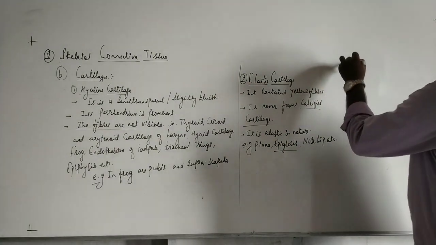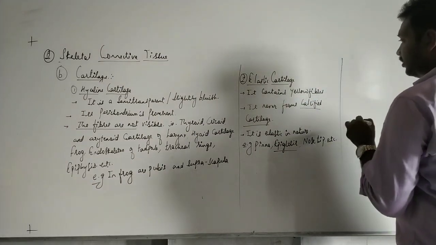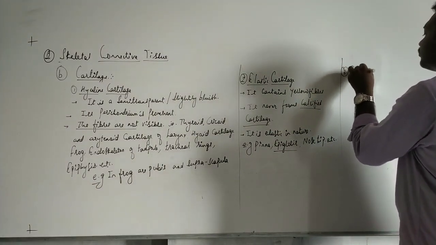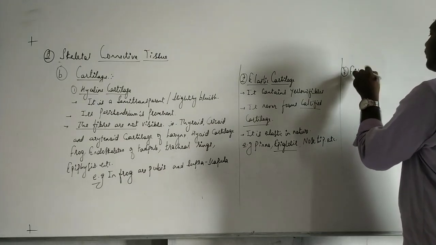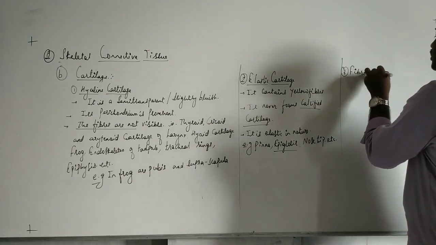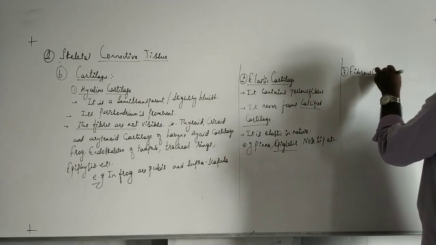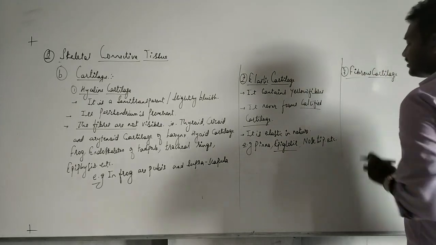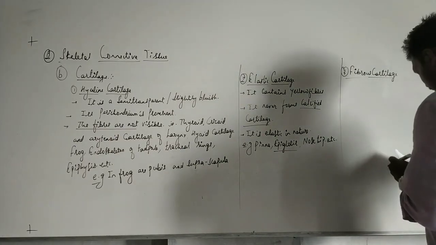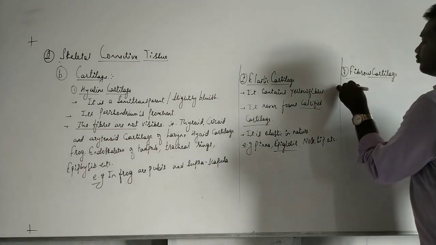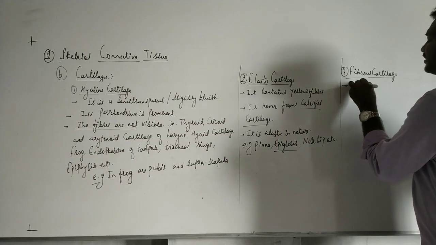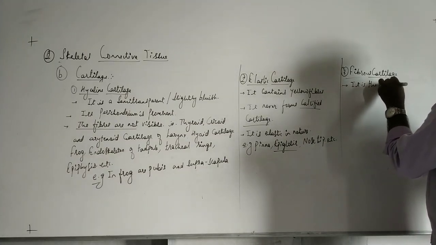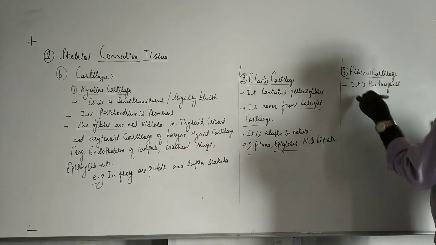Okay, the next, third one, that is the fibrous cartilage. Now, what does this fibrous cartilage consist of? Okay, so it is the toughest cartilage.